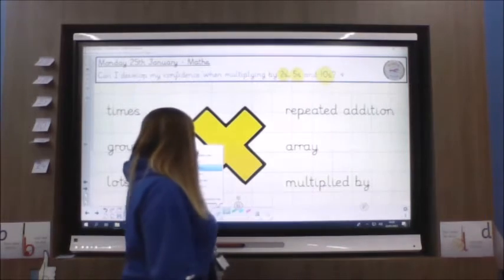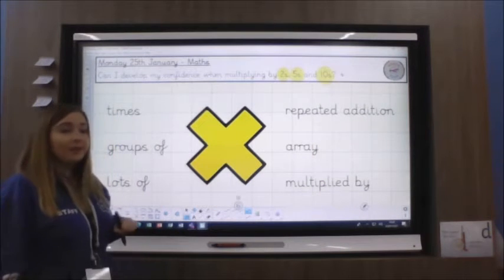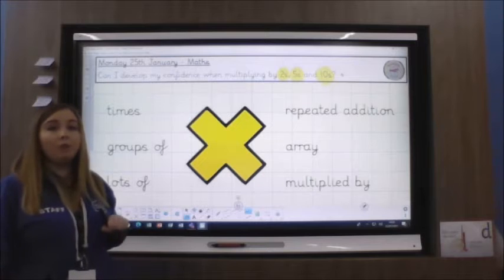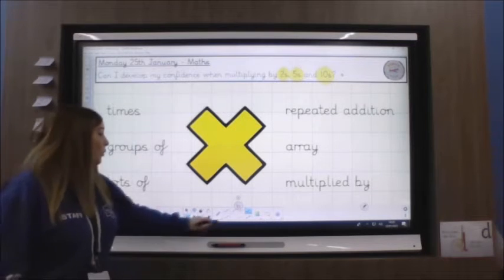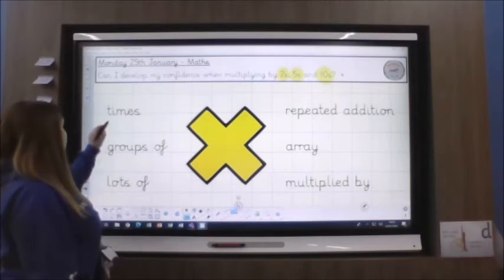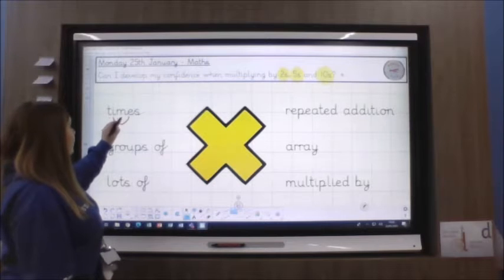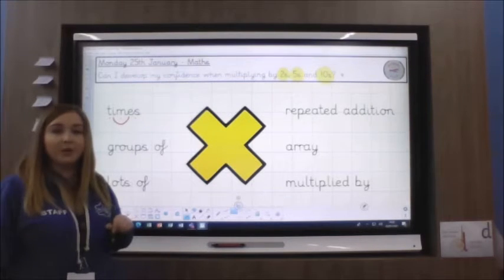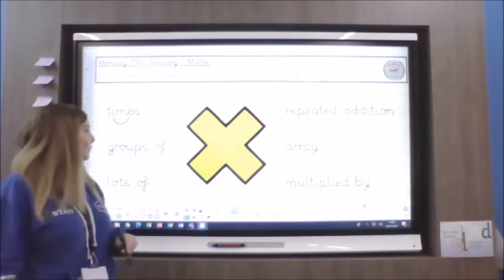Okay? And just on my board now, I've written lots of different words for multiplying. So we will have used the word times quite a lot because we do our times tables.